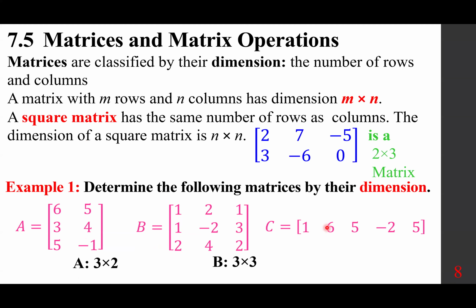This one has just one row and 1, 2, 3, 4, 5 columns. So it's 1 by 5. Sometimes they just call it a row matrix. That's the terminology used.